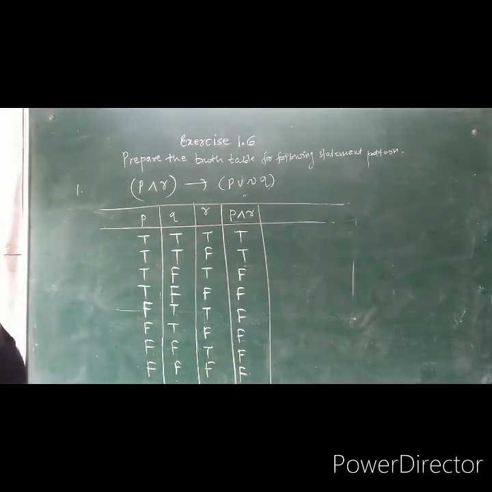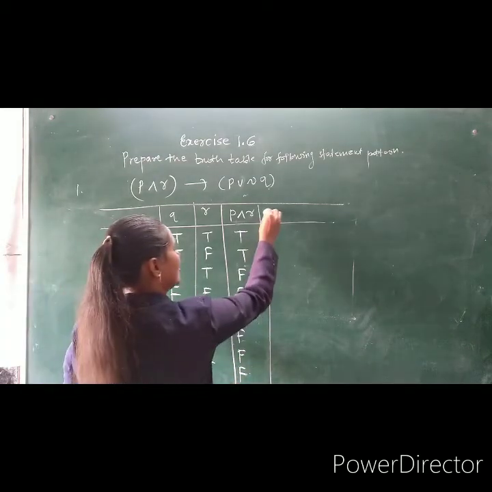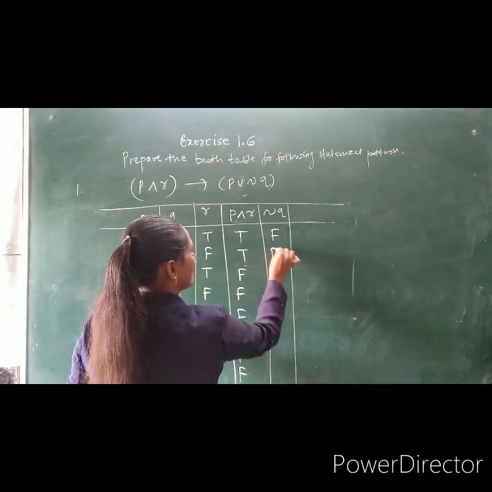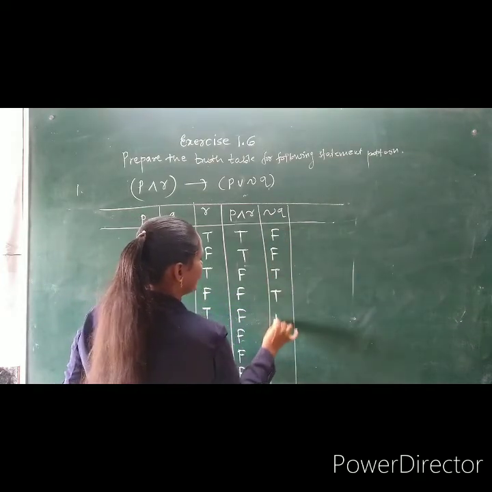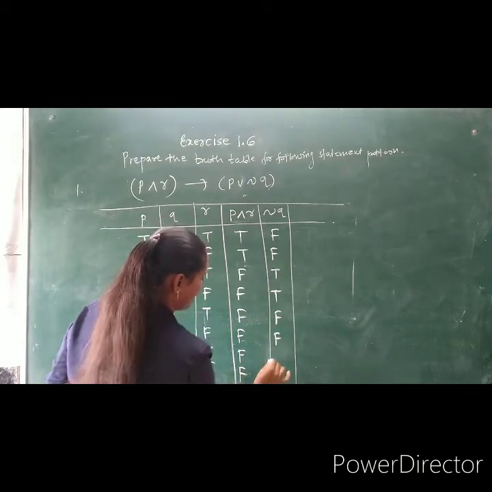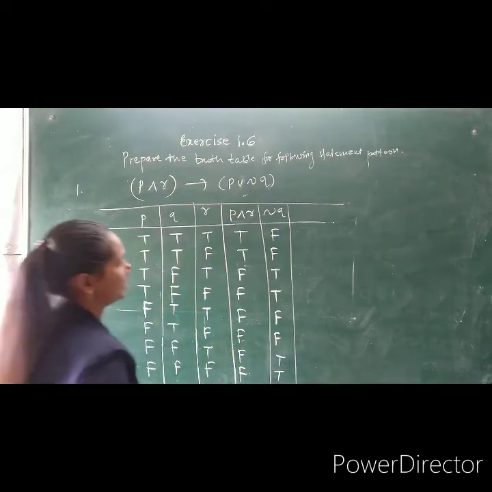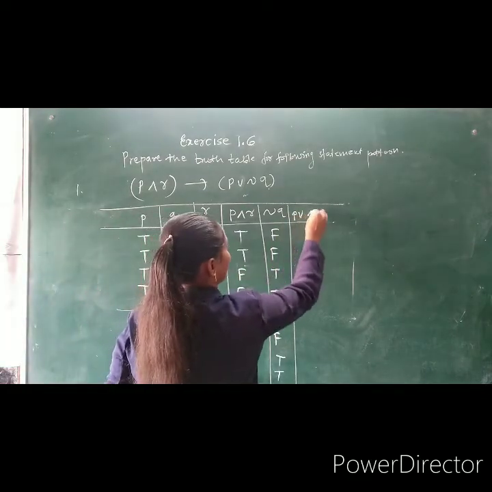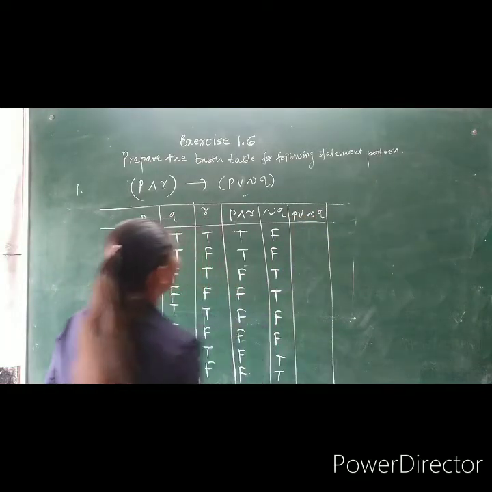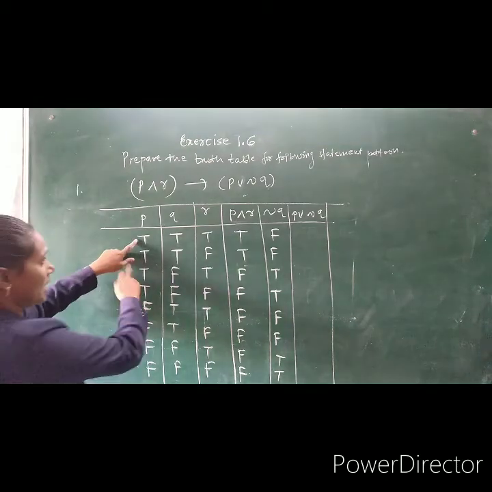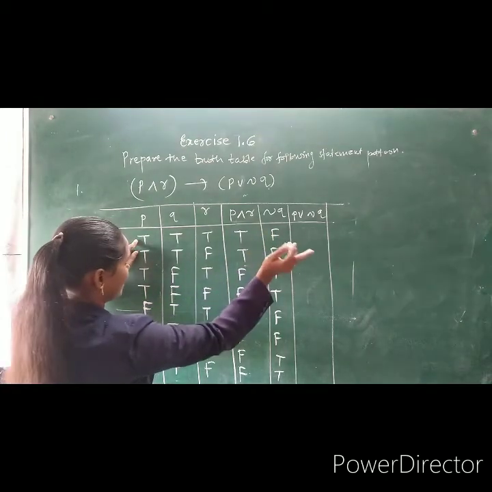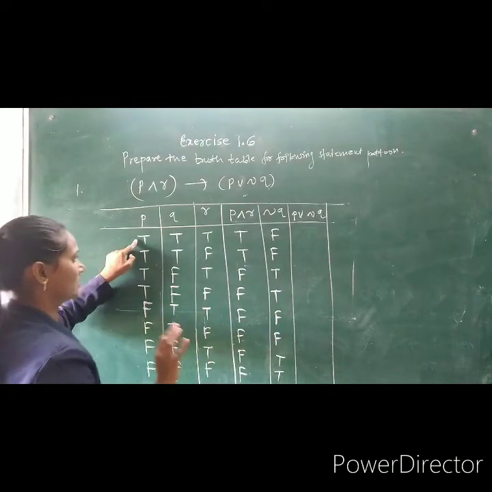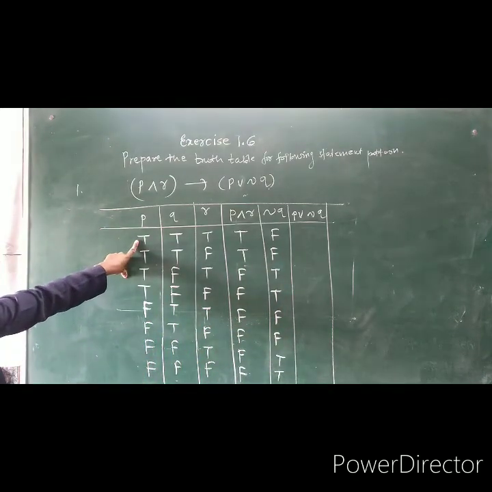Next, P or negation Q. So first find negation Q. Negation Q is FF, TT, FF, TT. Now take P and this negation Q. If we take disjunction, if both these statements are F, then it is F, otherwise it is true.